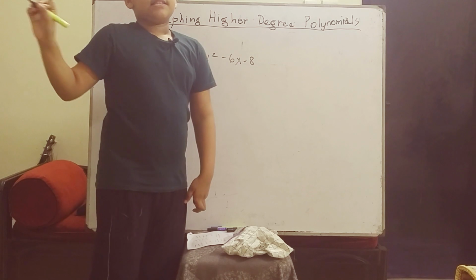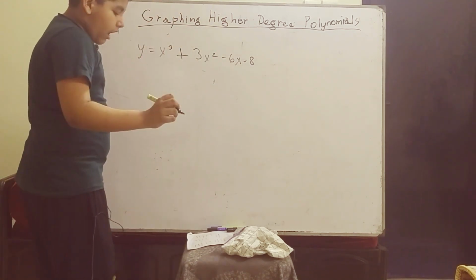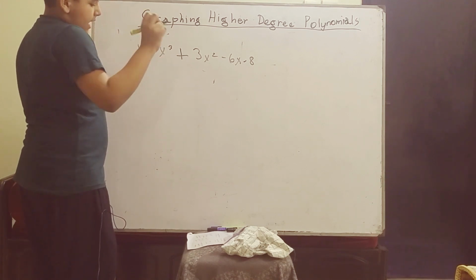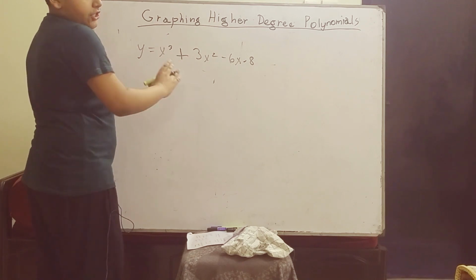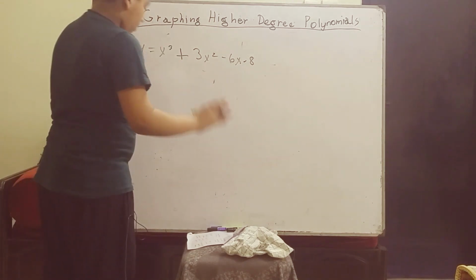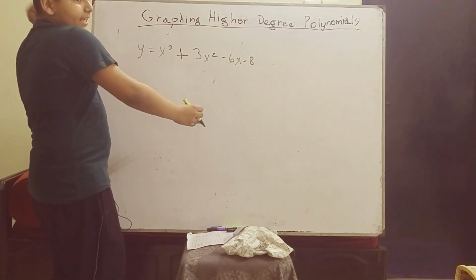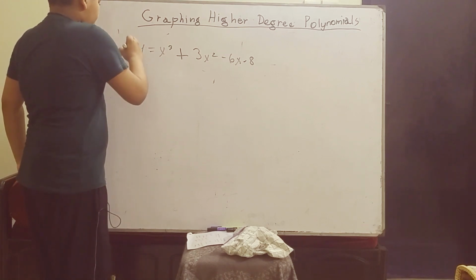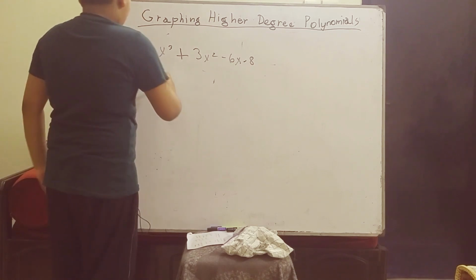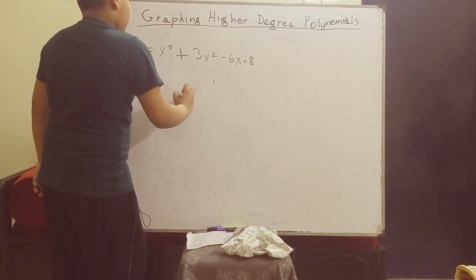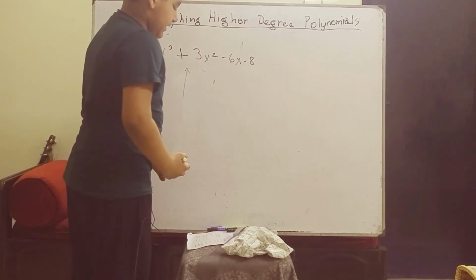The exponent is odd and the coefficient is positive. So on the left side it's going to drop down towards negative infinity, and on the right side it'll rise up to positive infinity.